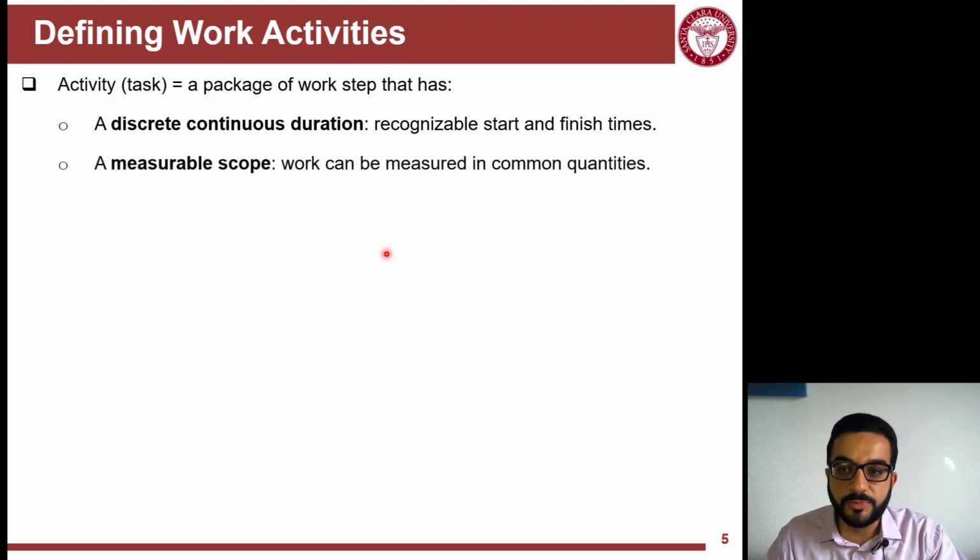The second thing is a measurable scope. It should have a measurable scope that can be measured in common quantities that we have seen in the lesson on cost estimating and quantity takeoff. So when you calculate quantities, it's like volume, area, length. But you cannot do an activity that says construct classrooms. Yes, you can measure it by room, but what does this really mean in work?